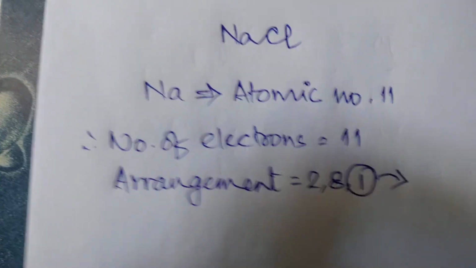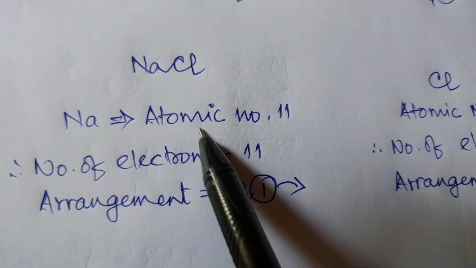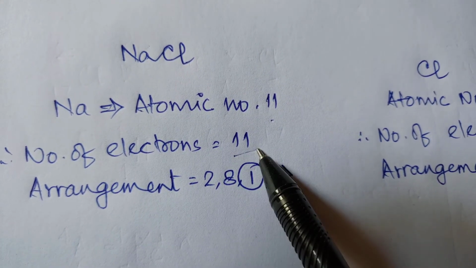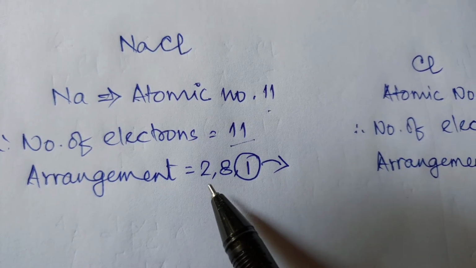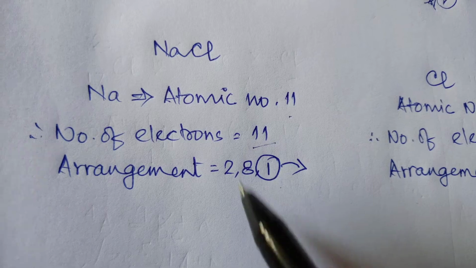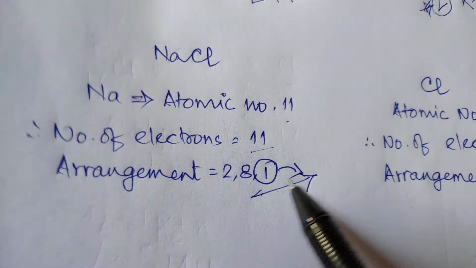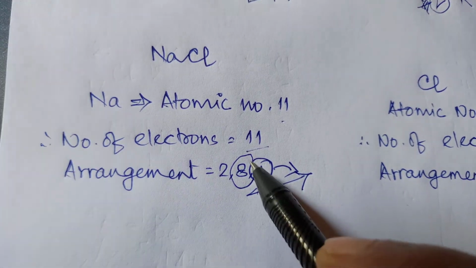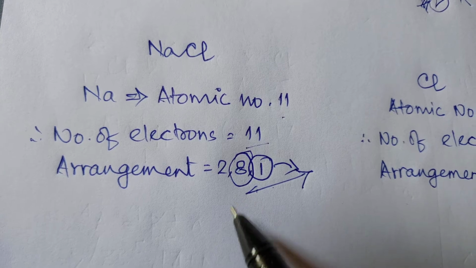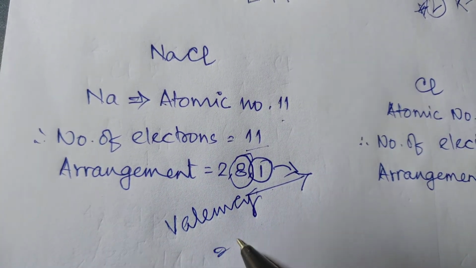In a similar way, if we think about sodium chloride, sodium has atomic number 11, so the number of electrons is also 11, and the arrangement of electrons is 2, 8 and 1. So if I release 1 electron, the outermost shell will become complete with 8 electrons. So its valency will be equal to 1.